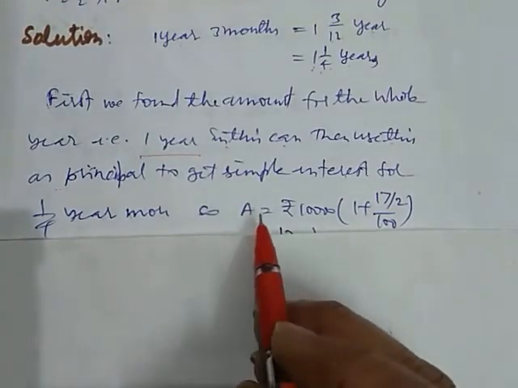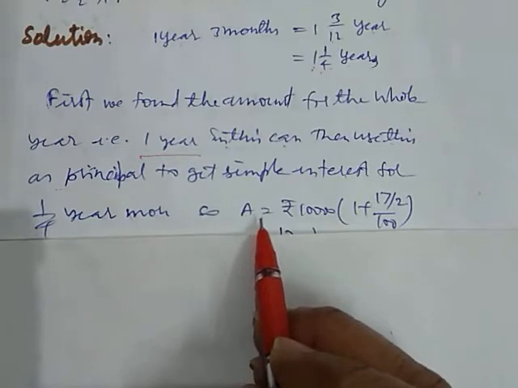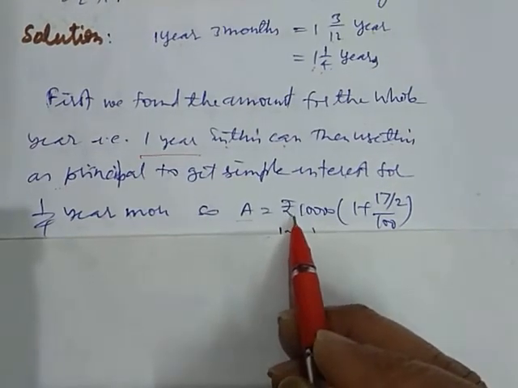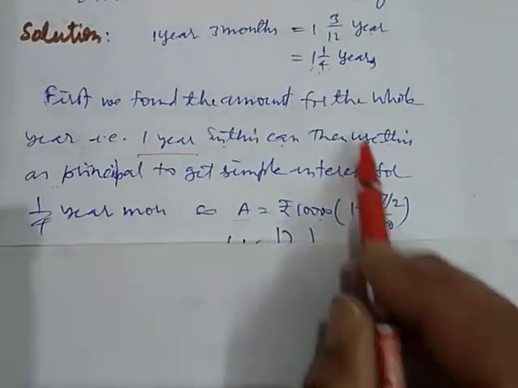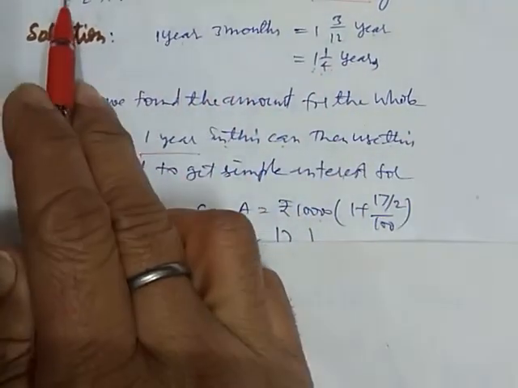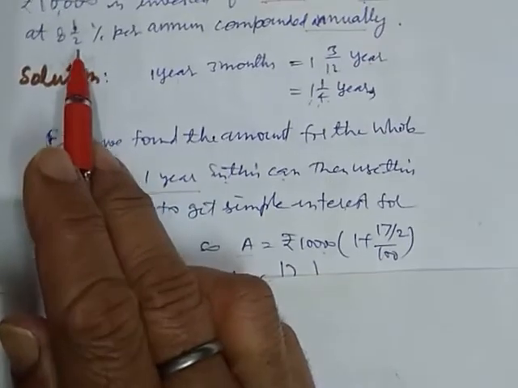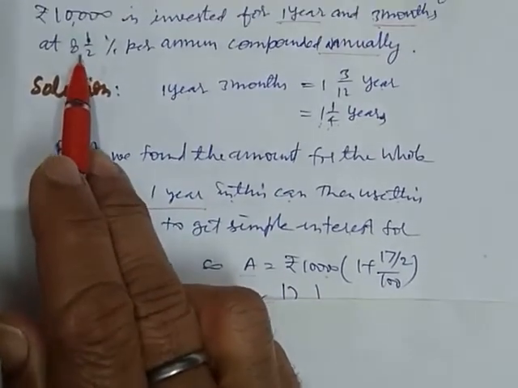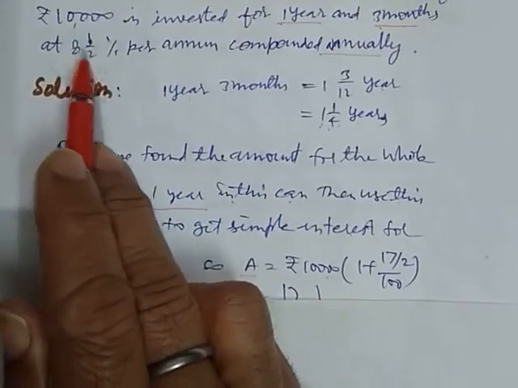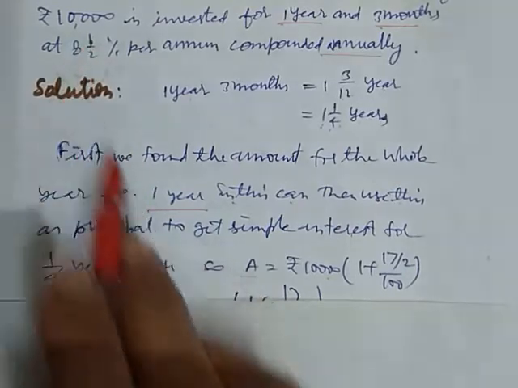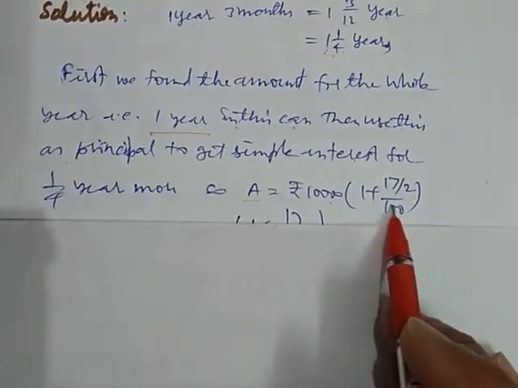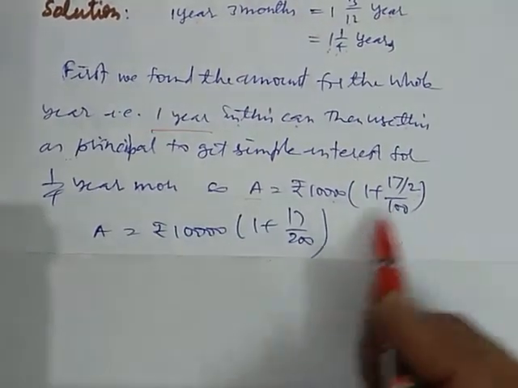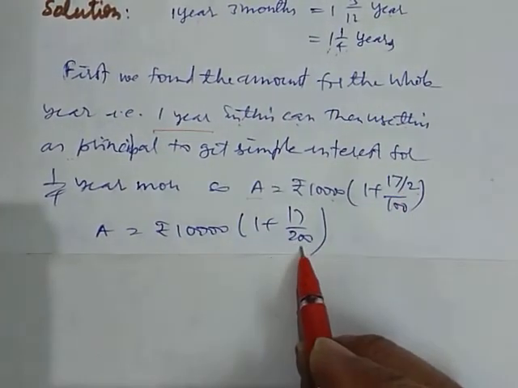So here we put the values in the formula. A equals rupees 10,000, this is the principal, into 1 plus rate. The rate is 8.5, that is 17 by 2. So 17 by 2 by 100, which simplifies to 17 by 200.